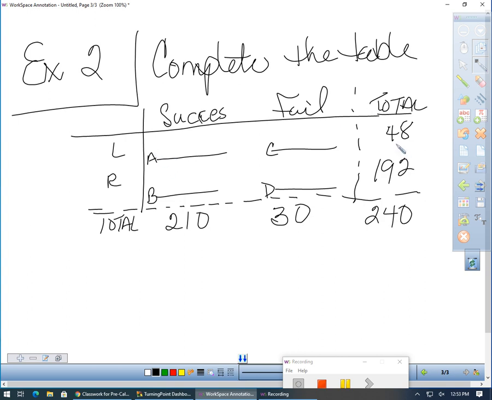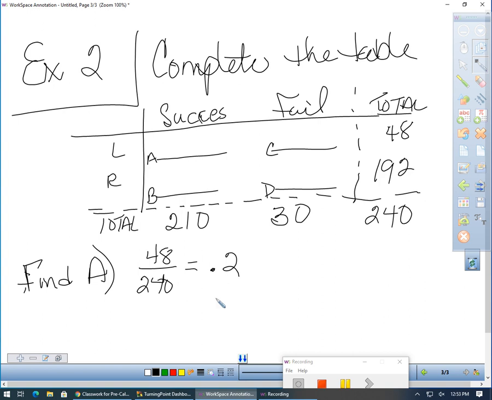We take what's across from A, which is 48, divide by the total, which is 240. That's going to give me a percent of what will fall there. In this case, that percent is 20%, or 0.2. So 20% of it is going to fall here, and it's out of this success of 210.